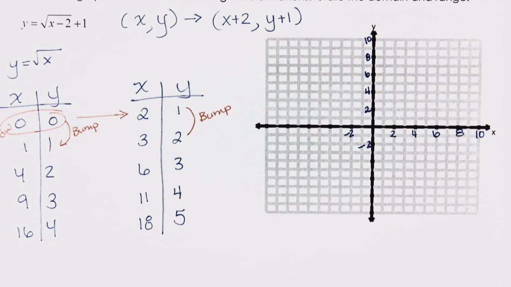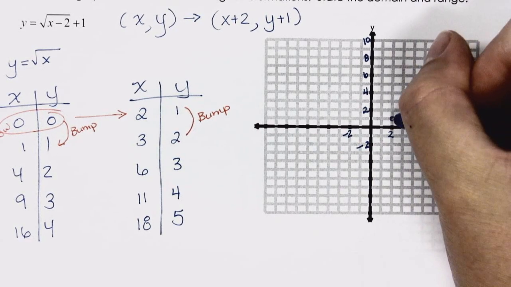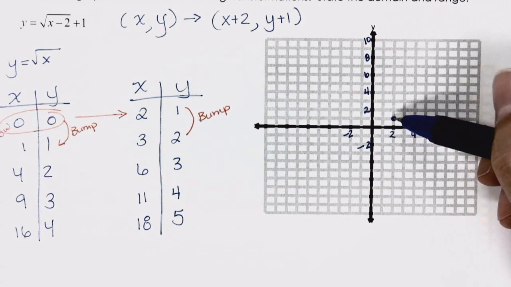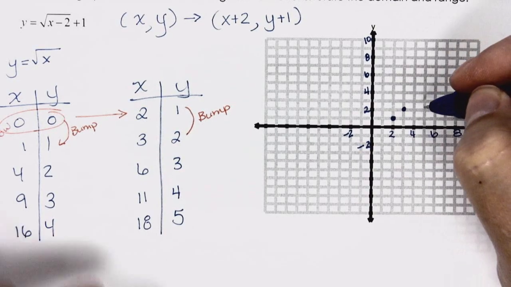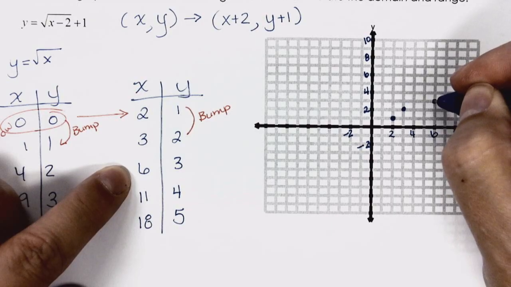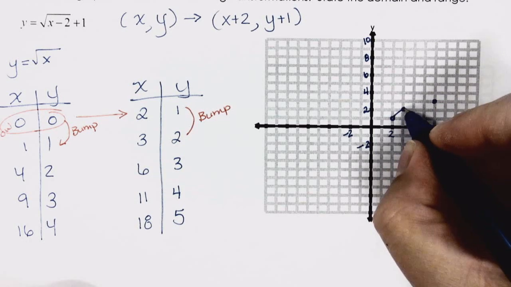Doing a full deep dive there. So I'm going to go ahead and graph these. So 2 and 1, that is my starting point, so it will have no arrow on it. And then I'm going to have 3 and 2, and then 6 and 3, and oh, I don't have an 11. So little bubble.